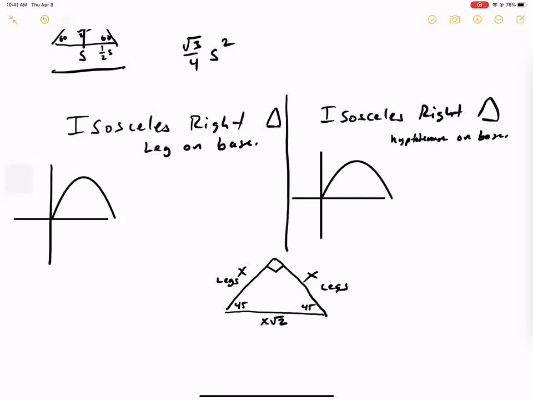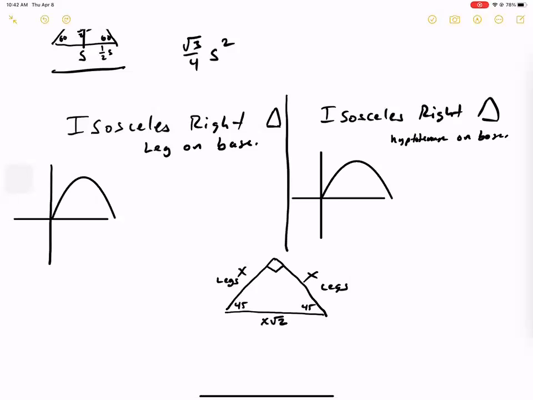So if I put the leg on the base, I'm going to try to draw this as best as I can. Go out and then come down like that, and then form a right triangle. Nah, that looks terrible. Let me go the other way. If the vertex goes out this way, it'll come out this way. I think it's harder for you guys to see this way.